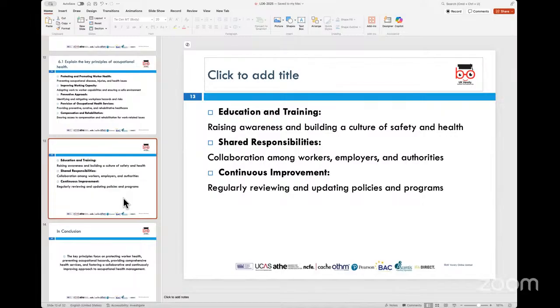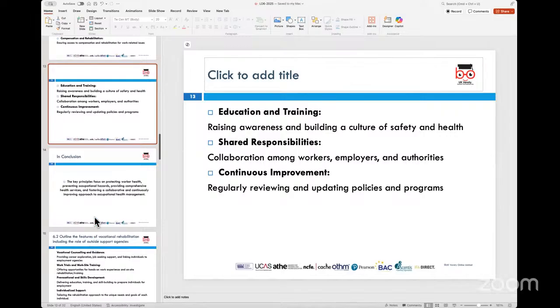When these things do change, it is required to ensure that the compliances, the policies, and the procedures also stay updated. And in such cases, continuous improvement needs to be done as far as the implementation and following up of the principles of occupational health are concerned.